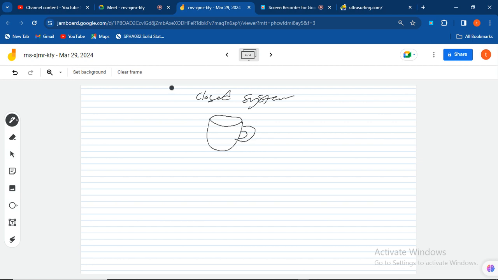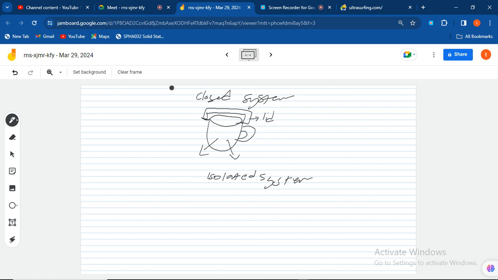But now we make sure that we close the lid, so that no matter is exchanged. Now we have closed with a lid. So only heat is transferred.